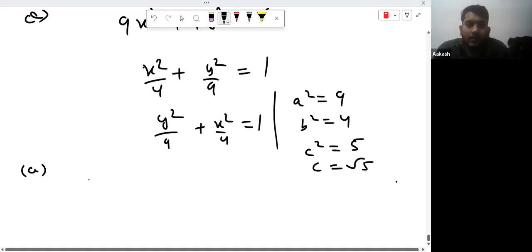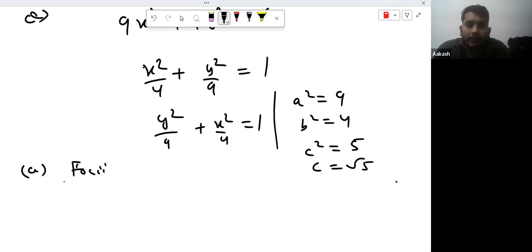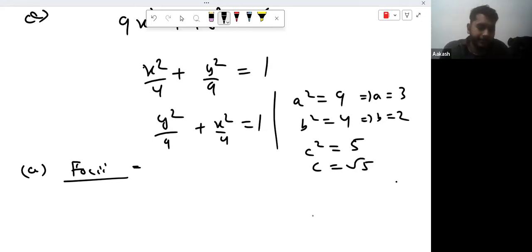Now what are the foci? We have got all the values. Foci is 0, plus minus c.